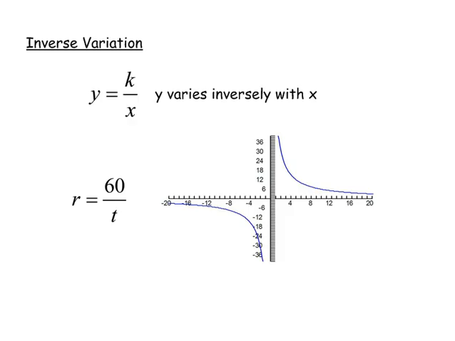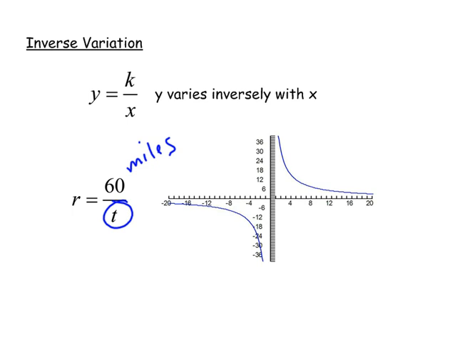With inverse variation, y varies inversely with x, and you get an equation that looks like y equals k divided by x. If you're talking about the rate you drive, if you're going to drive 60 miles, the speed that you need to drive is going to vary inversely with the time that it takes you.